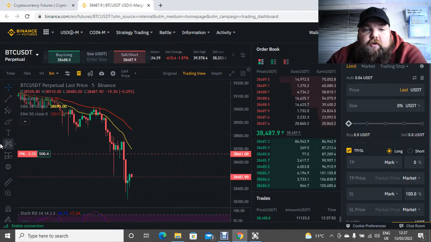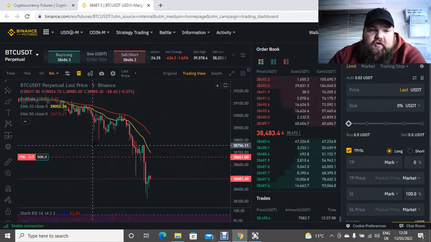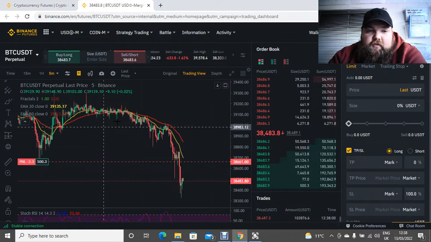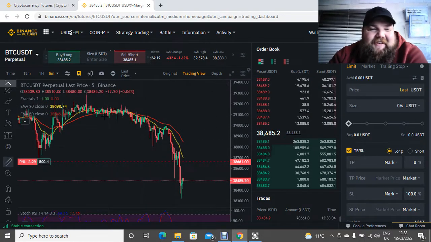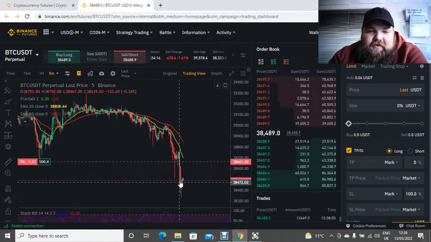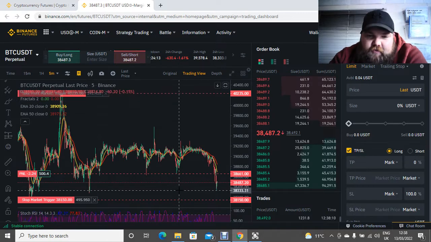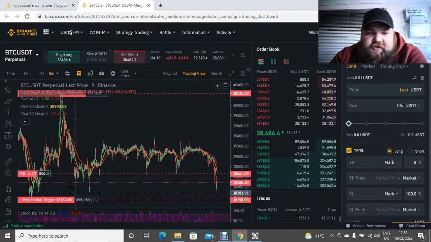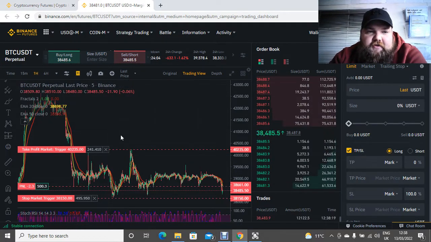So let's have a look at what we're going to do first. Overall today, it's been a bit rubbish. It's been going down, and it looks like it's hitting this kind of resistance here. It's been hitting this resistance a lot over the past few weeks. If we zoom out, I only have it on 5 minutes.